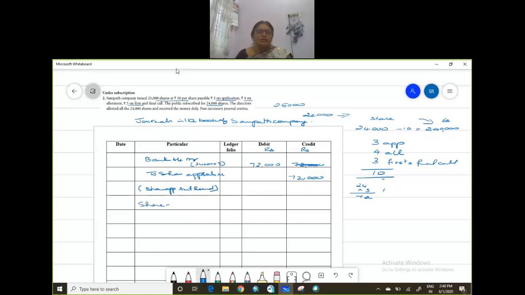Share application account debit to share capital. Being share application amount transferred to share capital.